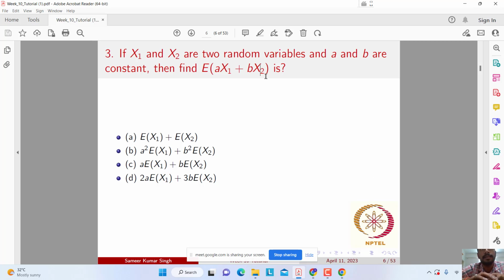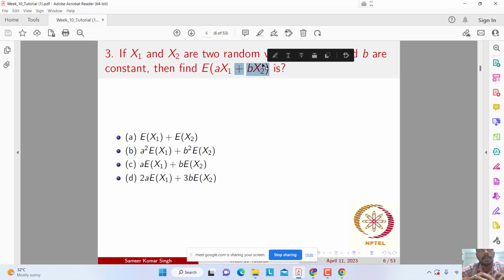Okay. In the last question we found the mean of ax1 plus b. Now we are adding the next random variable, that is x2. So just think.